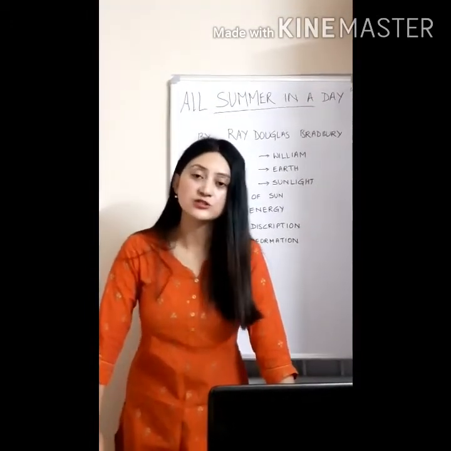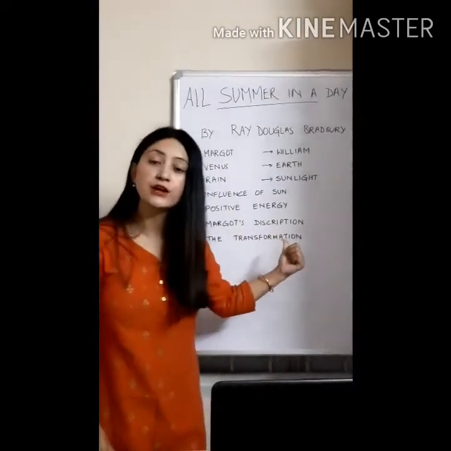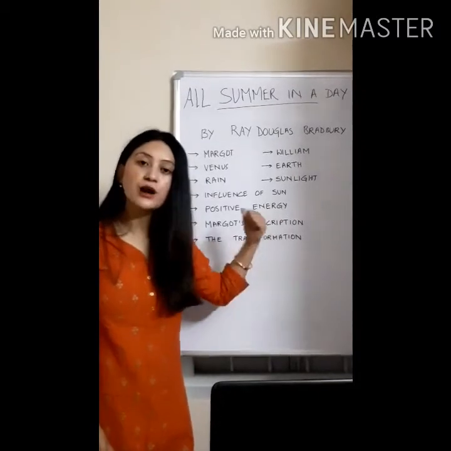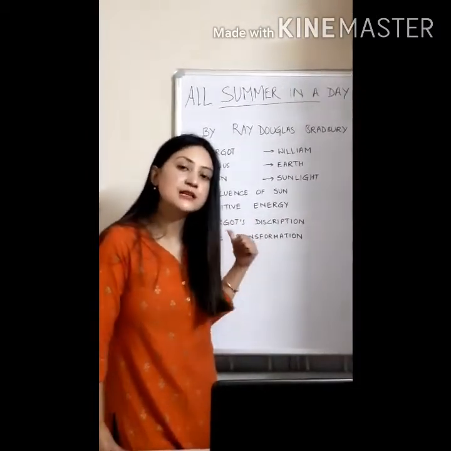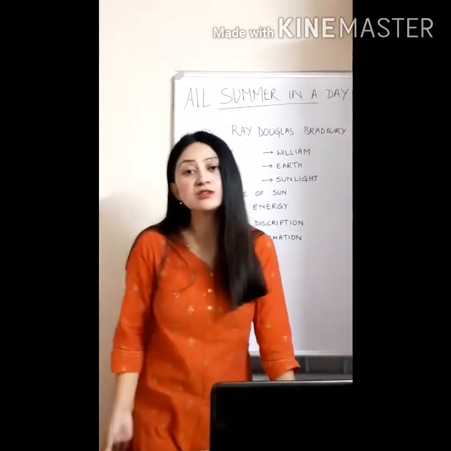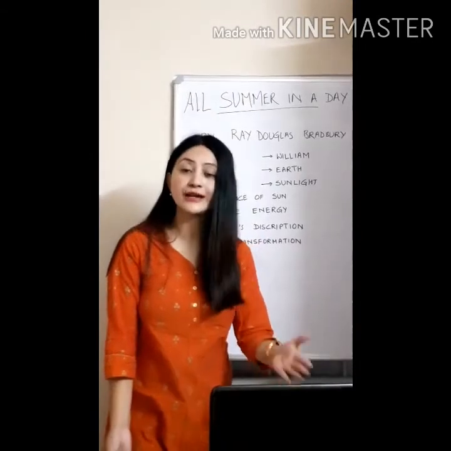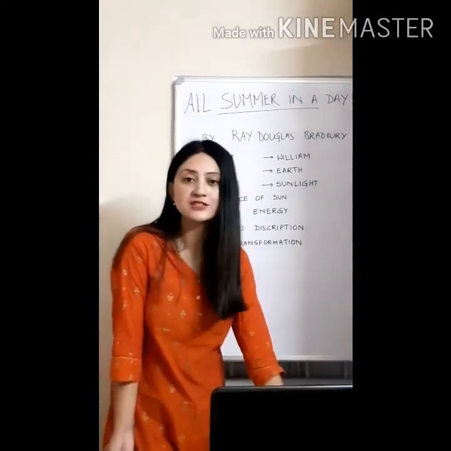They all lacked positive energy. And Margaret's description, this is very important. You are frequently asked in the questions to describe the physical appearance of Margaret, or how Margaret's appearance was affected by the lack of sunlight, how she looked because of lack of sun rays.